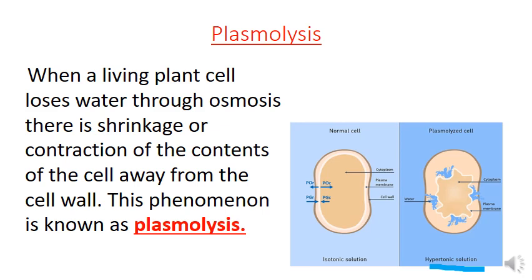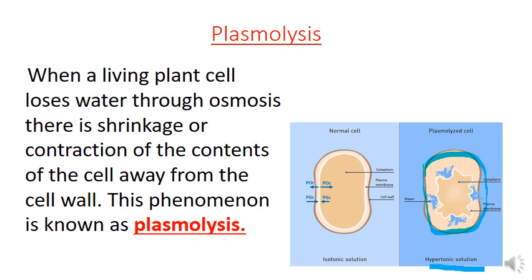Hyper means the water concentration will be low in the solution and the solute concentration will be high. So when a plant cell is put in hypertonic solution, the cytoplasmic contents of the cell will shrink away from the cell wall.